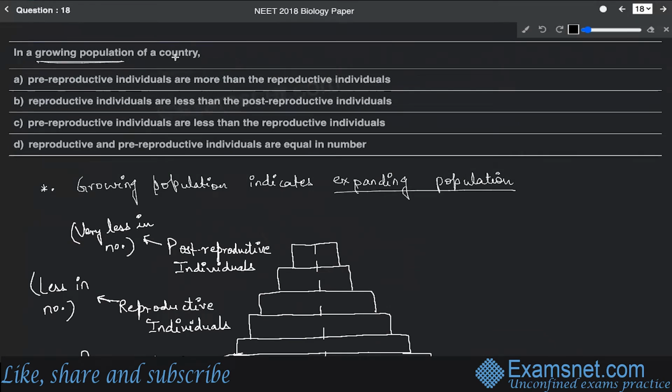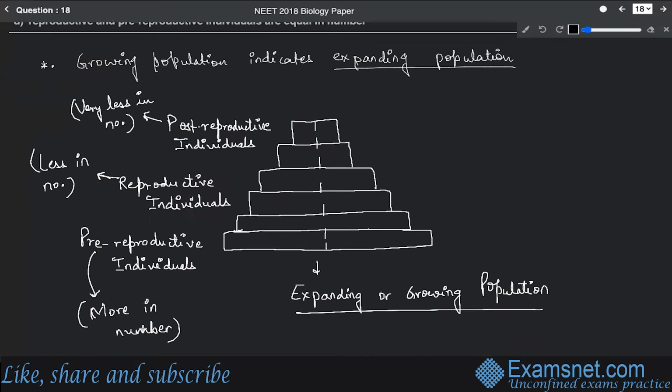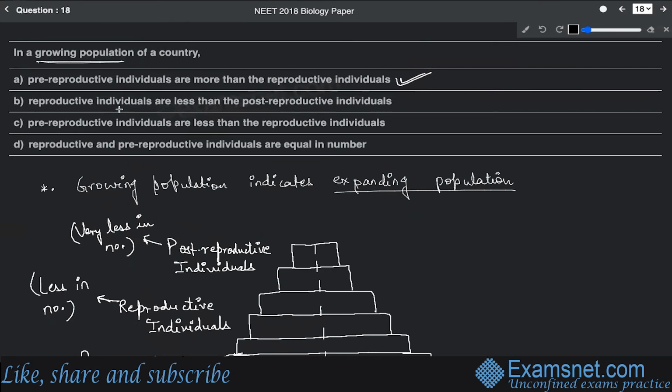In a growing population of a country, the pre-reproductive individuals are more than the reproductive individuals. Yes, this is a true statement. You can see over here that the pre-reproductive individuals are more in number as compared to the reproductive individuals. Reproductive individuals are less than the post-reproductive individuals.